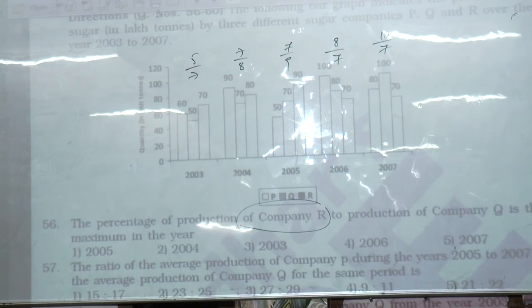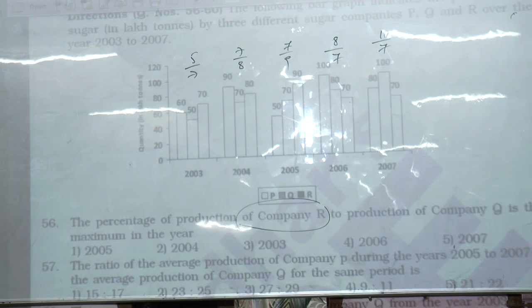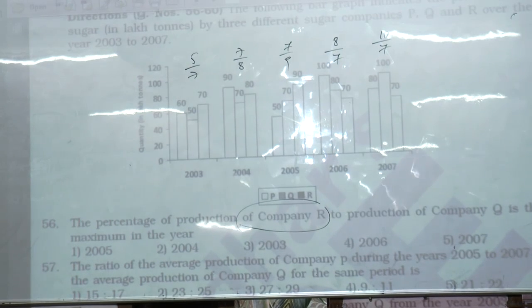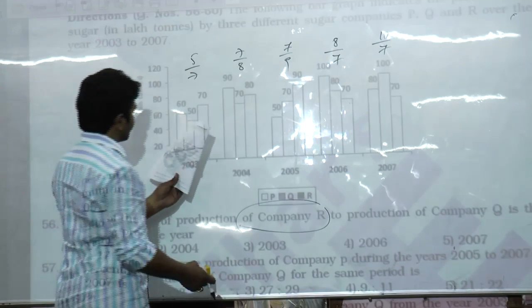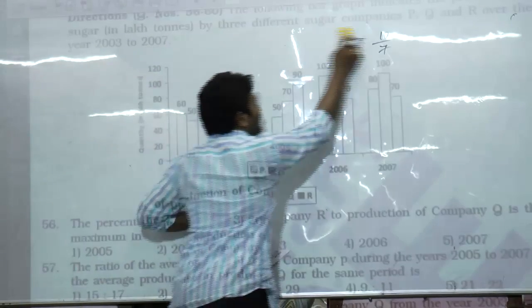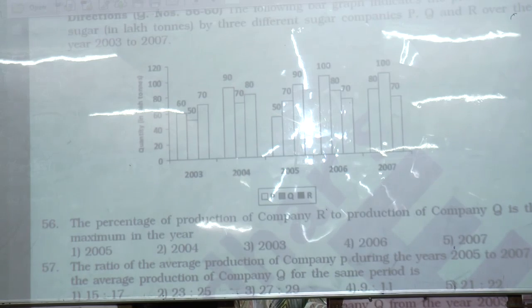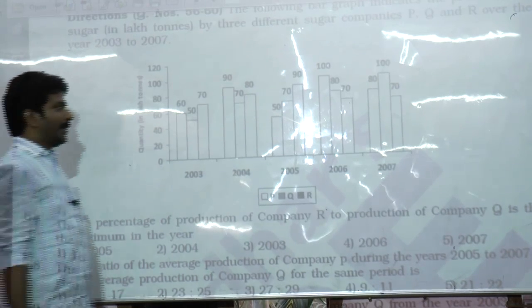Next, 57. The ratio of average production of company P during the years 2005-7 to the average production of company Q for the same period is. You are asked about ratio P to Q, from 2005 to 2007. 2005 to 2007 in the sense you need to consider 2005 data, 2006 data, 2007 data.